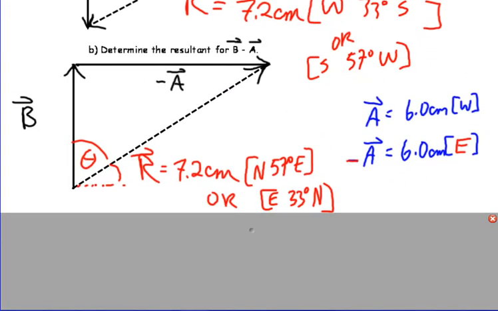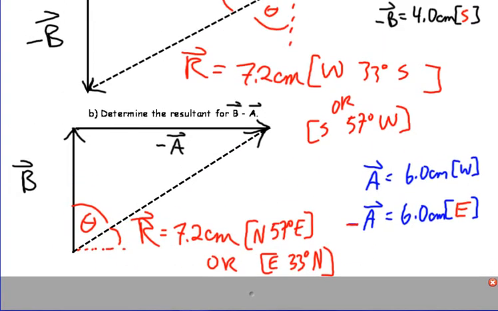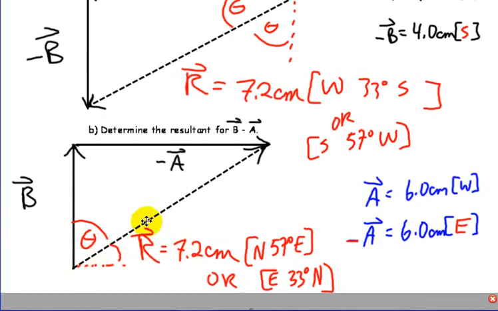So if we take a look here, what we get is the same magnitude again, but you can see it's pointing in quadrant 1. This resultant vector is pointing up to the right. So same magnitude, but north 57 east if you measure it, or east 33 north as compared to west 33 south up here. So it does change direction.